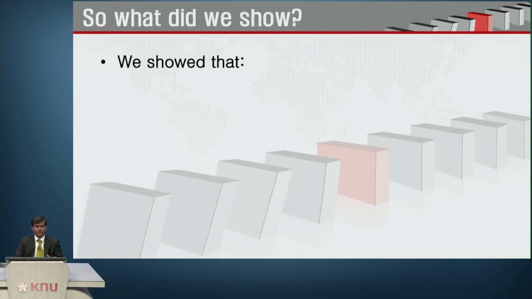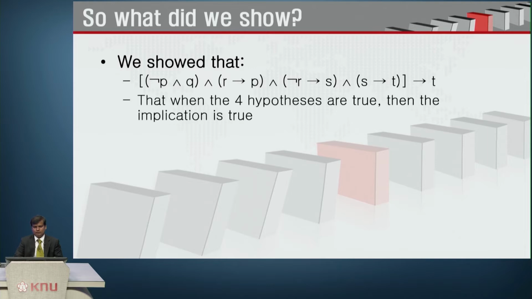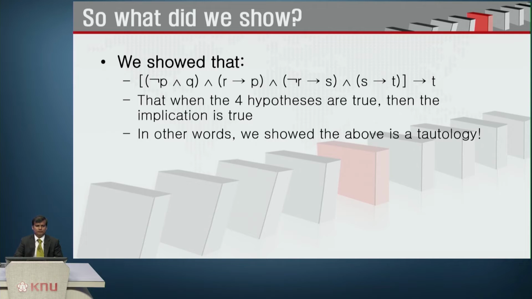So we just showed here that the given part leads to the conclusion that we will be home by sunset, that is T. We used all these 4 hypotheses. So when the 4 hypotheses are true, then we say that the implication is true. In other words, we showed the above is a tautology.